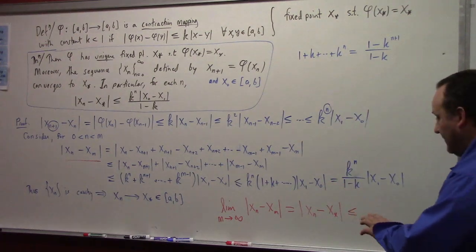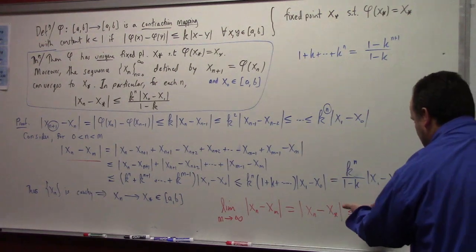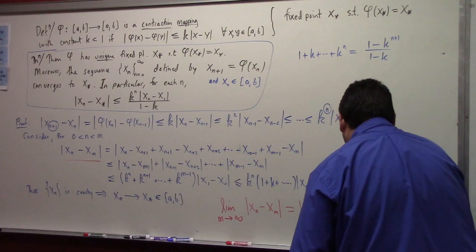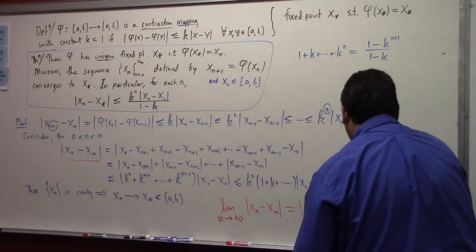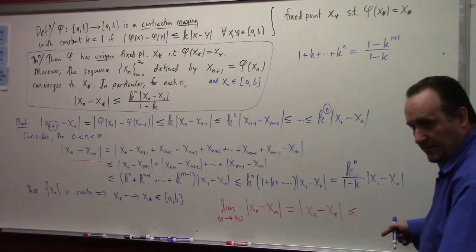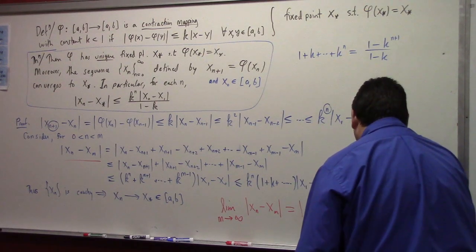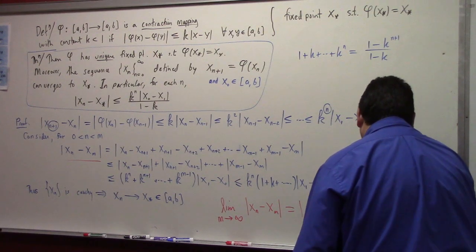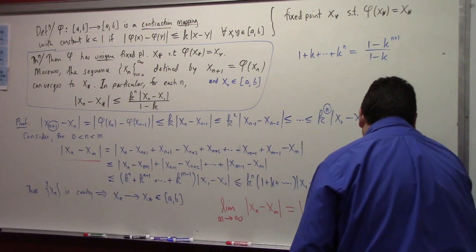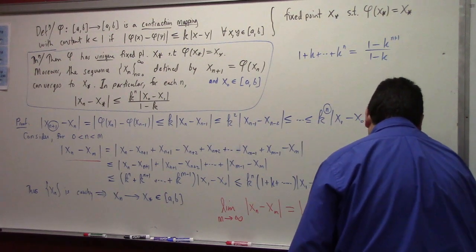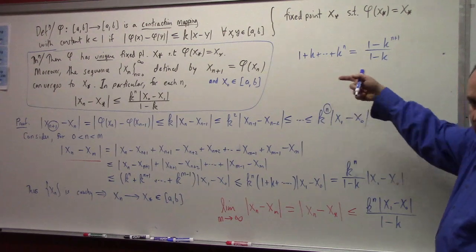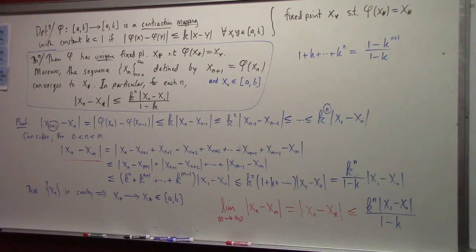On the other hand, I have that it's less than or equal to the limit as m goes to infinity of all this, but there is no m dependence here, so that simply gives you k to the n times the absolute value of x1 minus x naught over 1 minus k, which was precisely the estimate we're trying to show. Okay.